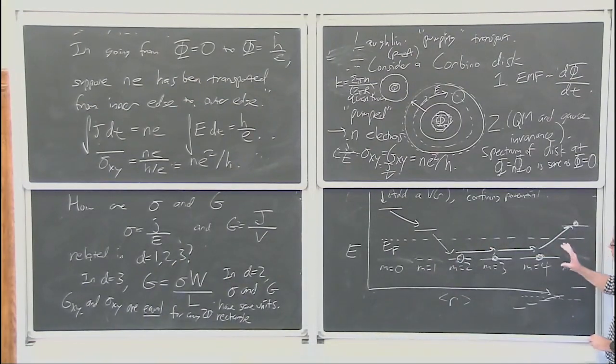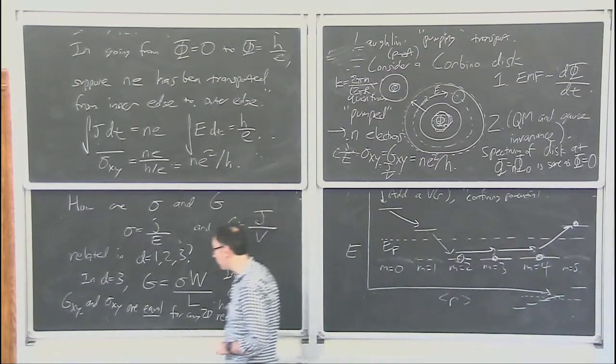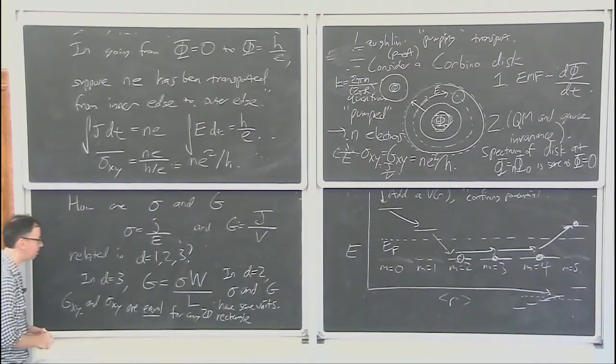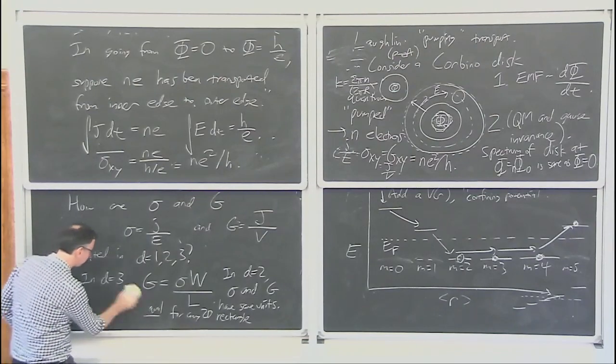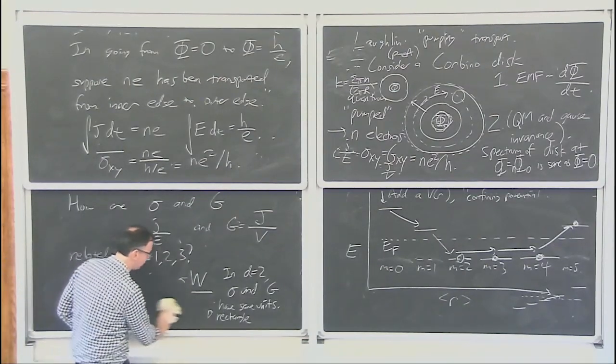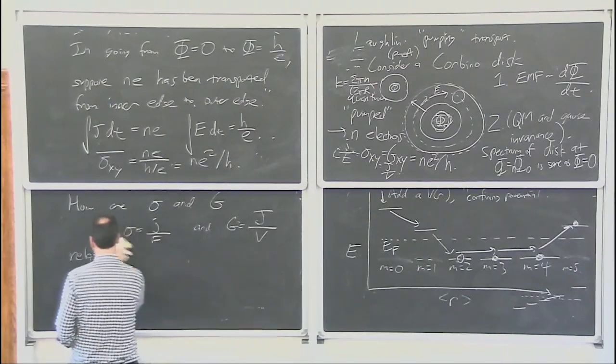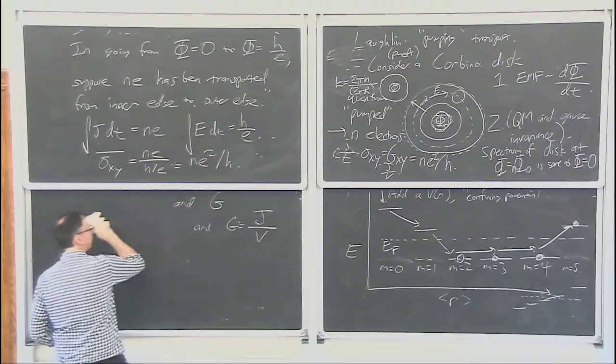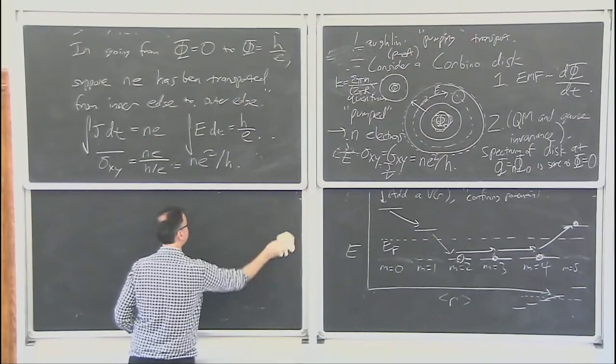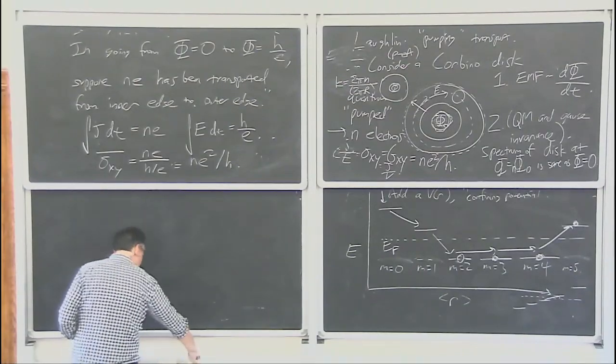But let me first say a bit about what happens if you now think about interactions and the fractional quantum Hall effect, while we've got Landau levels and things like that on the board. So what Laughlin did was motivated by experiment.